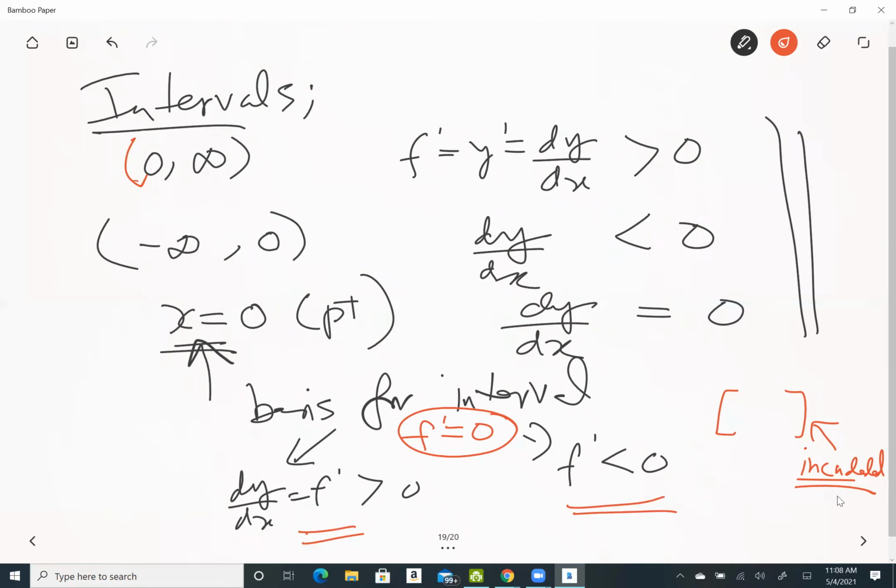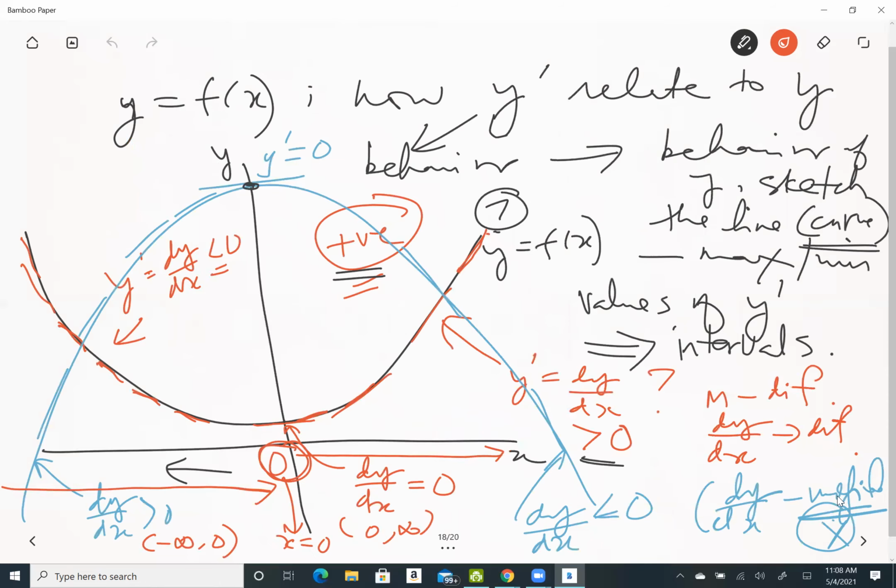Now look at the second line, the one that I drew in red, the blue line. The black line we already discussed. Now look at the second function here. The point where the slope is 0 is at x equal to 0, so that would be where you break out the interval.